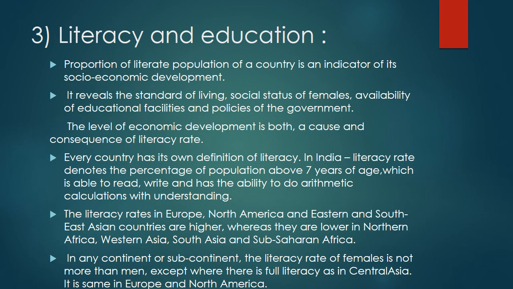In any continent or subcontinent, the literacy rate of females is not more than men, except where there is full literacy as in Central Asia. It is the same in Europe and North America. So in many continents and subcontinents, there is very little chance that the literacy rate of females is equal to or more than males.